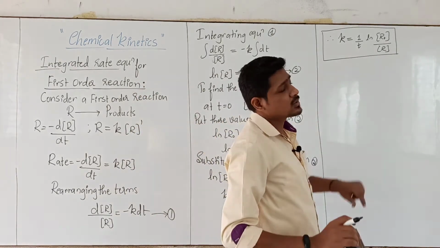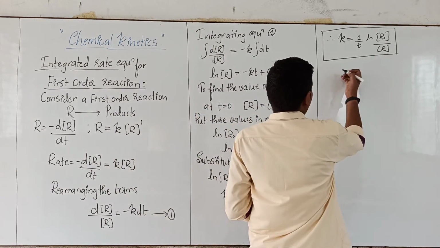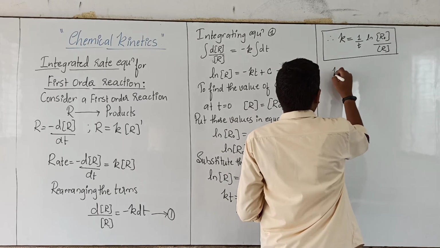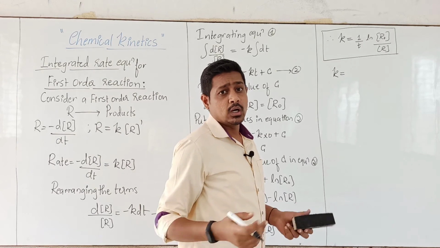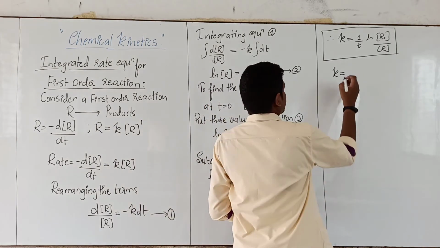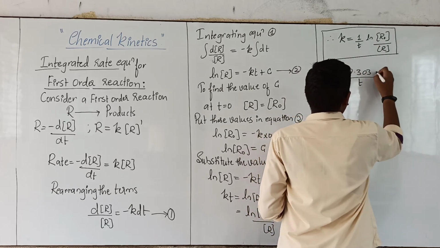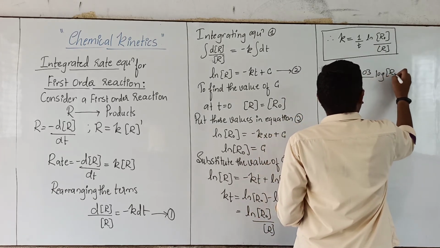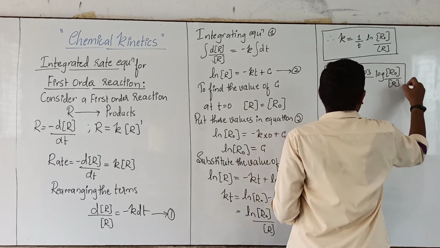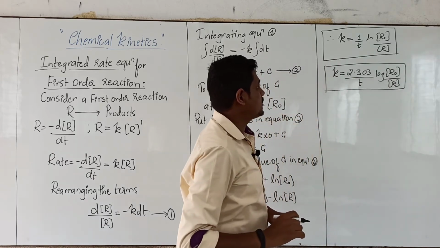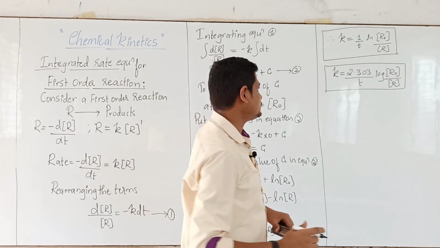But again, ln is there, so let us convert it into log of base 10. If you convert this natural log into logarithm to the base 10, k is equal to 2.303 divided by t into log of R naught upon R. Now this equation is called the integrated rate equation for the first order.